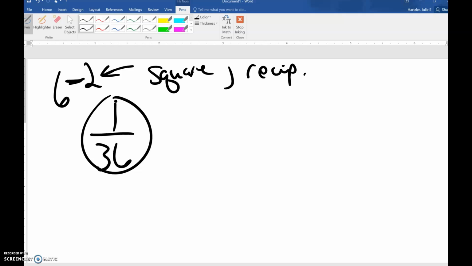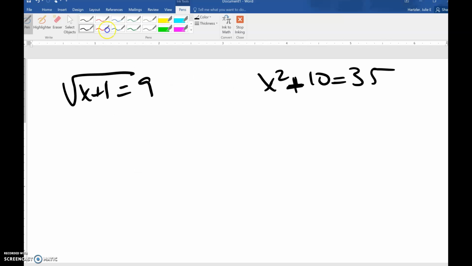There's 2 equations on 7. And again, remember that you undo order of operations. So think about what you do if you knew x, and then how you do it backwards. So try 7 both parts. All right, so let's look at this first one. If I knew what x was, say I knew x was 24, I would sub x in first, and then I would add first. So add, and then after I added, then I would square root.